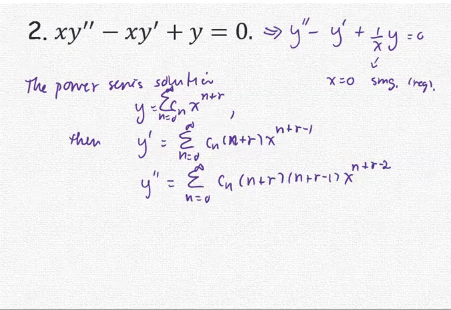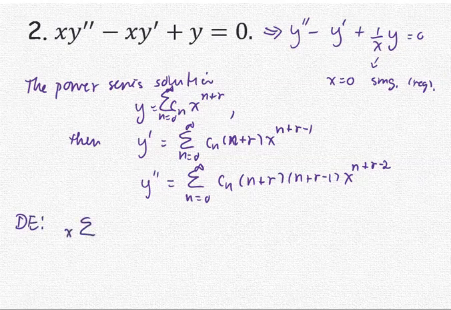Okay. So, same routine. We replace each term with the power series. So the differential equation, the first one is x multiplied by the summation for y double prime, the Cn, n plus r times n plus r minus 1 times x to the n plus r minus 2, n from 0 to infinity.